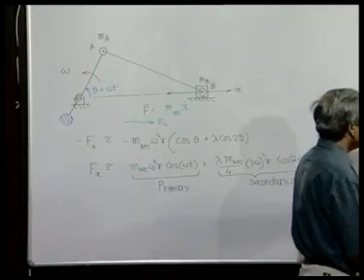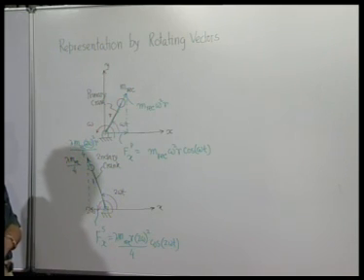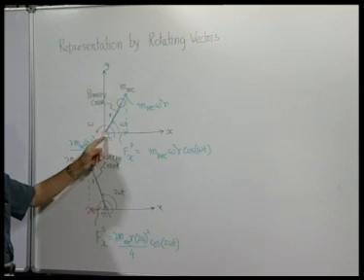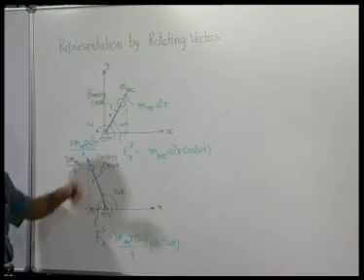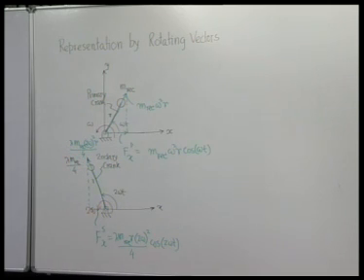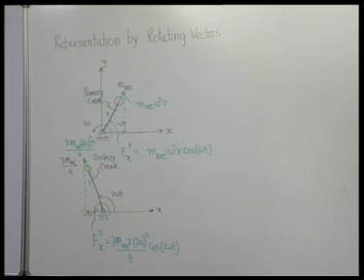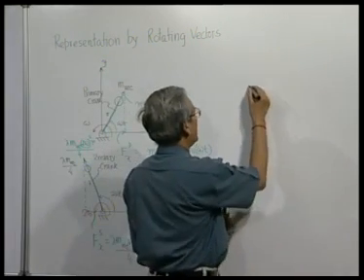Now, for balancing these forces, what we can feel is that if this force is being produced as a component of the force produced by this rotating mass, then what happens if we put a counterweight to this?